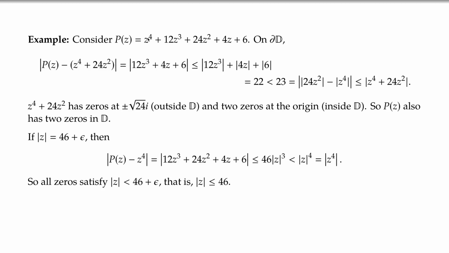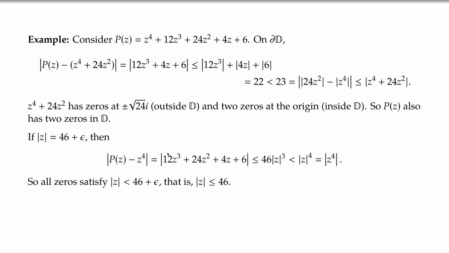So z to the fourth has 4 zeros at the origin inside this disk of radius 46 plus epsilon, and it has the same degree as P. So if we find that all the zeros of P are in this disk, which we will, then those are all the zeros of P, right?